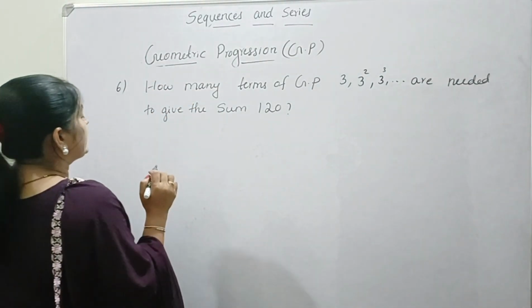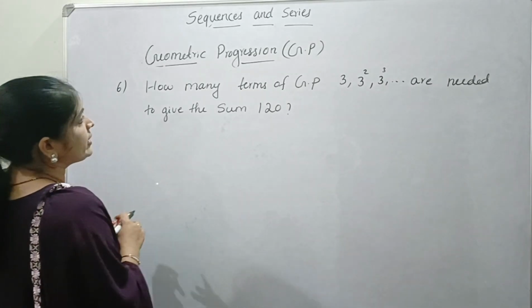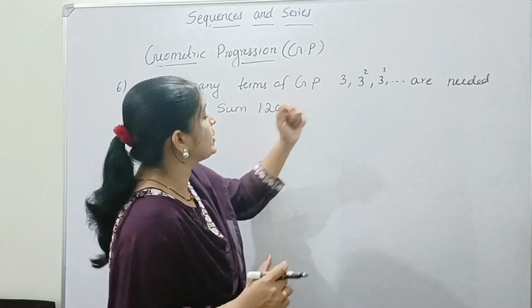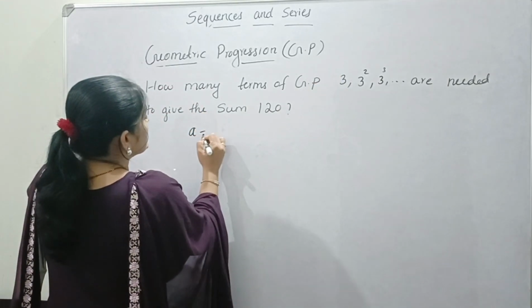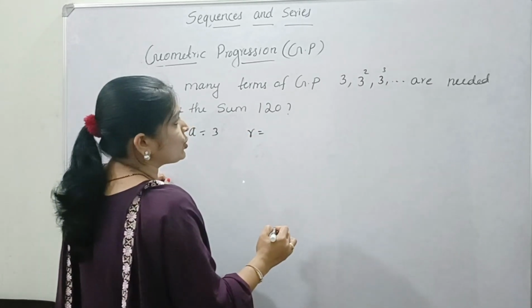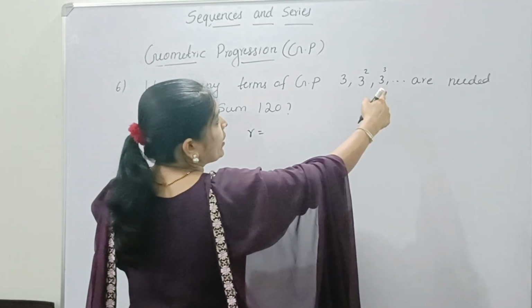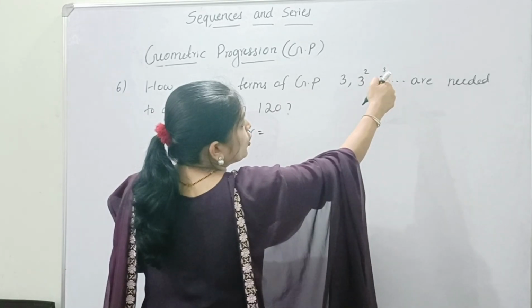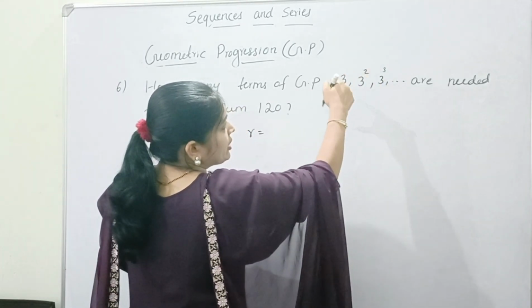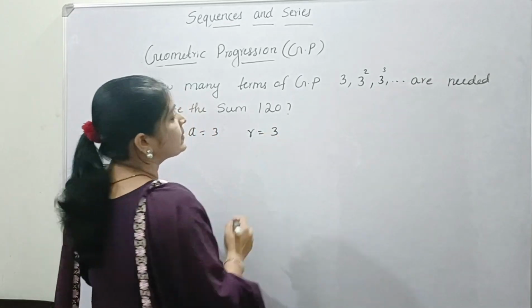So here, first we will write what is given. It is in GP. So first term A is 3, and what is the common ratio? 3 square by 3, or you can find it by 3 cube by 3 square, that is, second term divided by first term, or third term divided by second term. So that is 3.